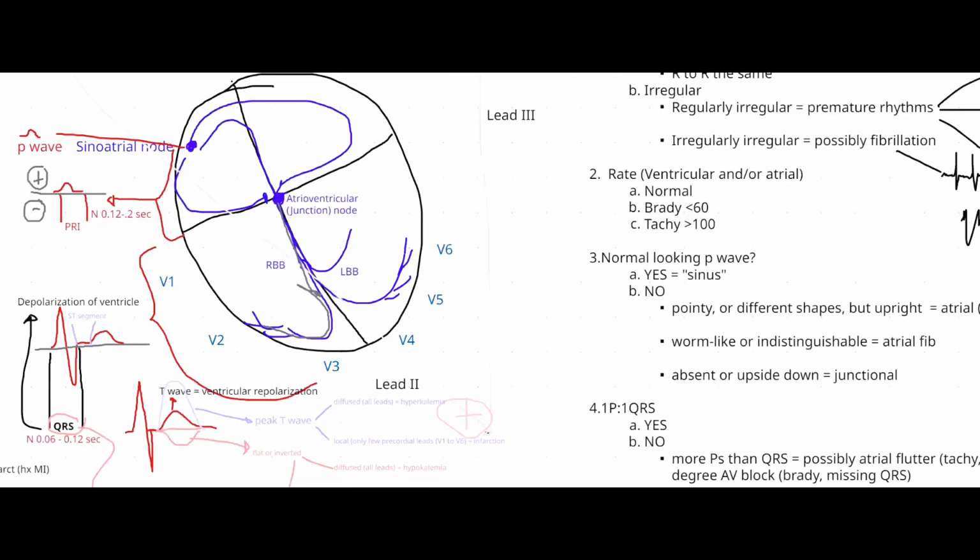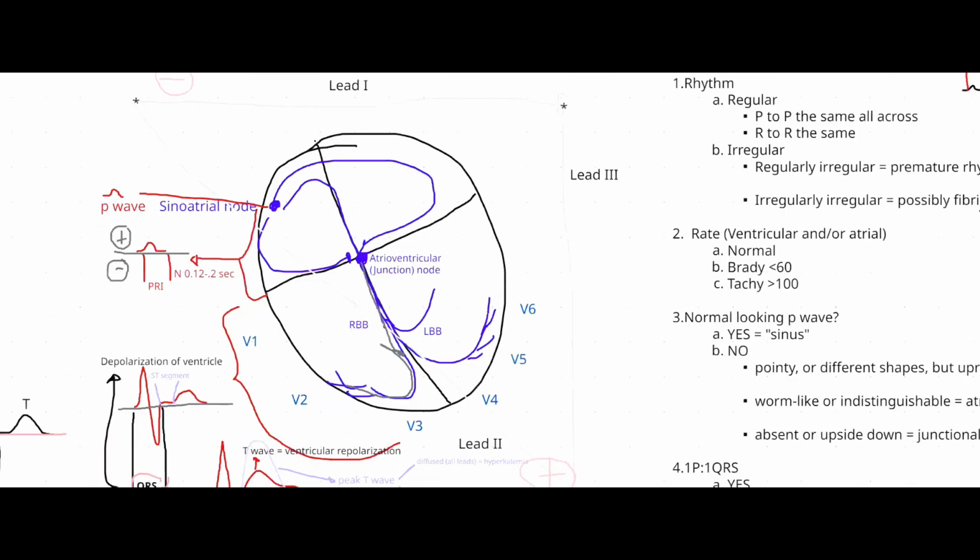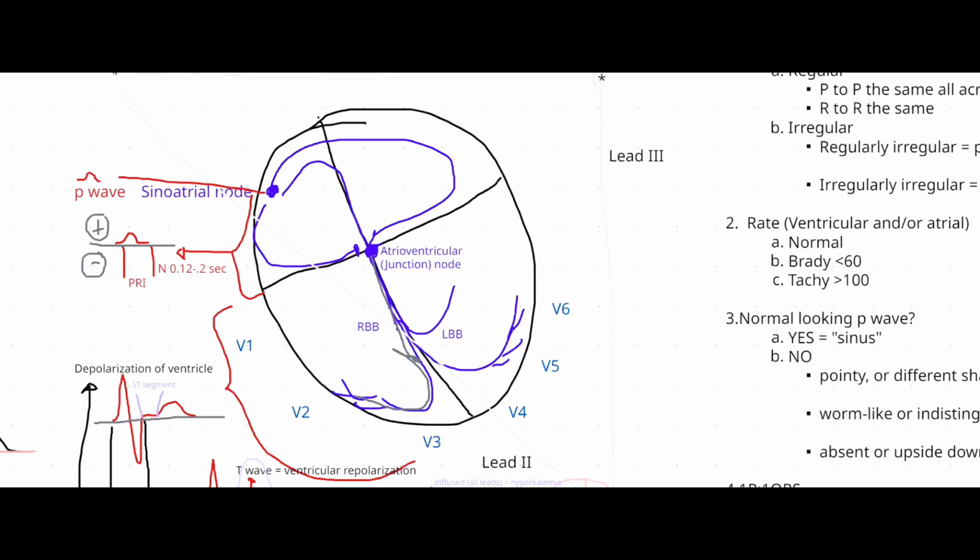So here's how that would look. Here's the SA node, right? This would give you a normal looking P wave, but let's say you have an irritable focus on the left atrium here. If there's a P wave that comes from there, it may look pointy like that, or you may come from here and it looks like that.